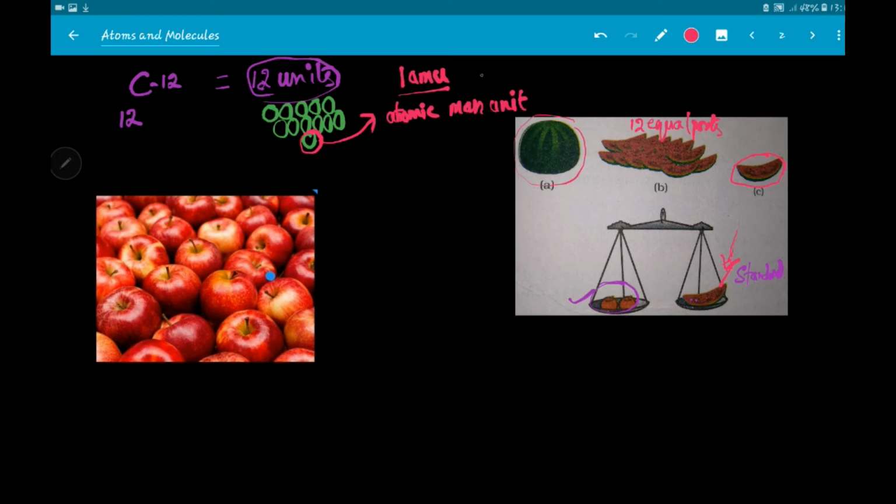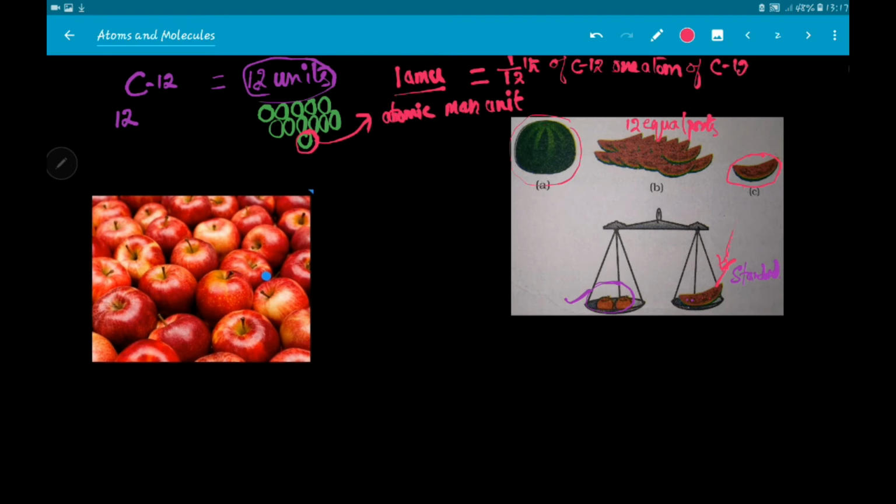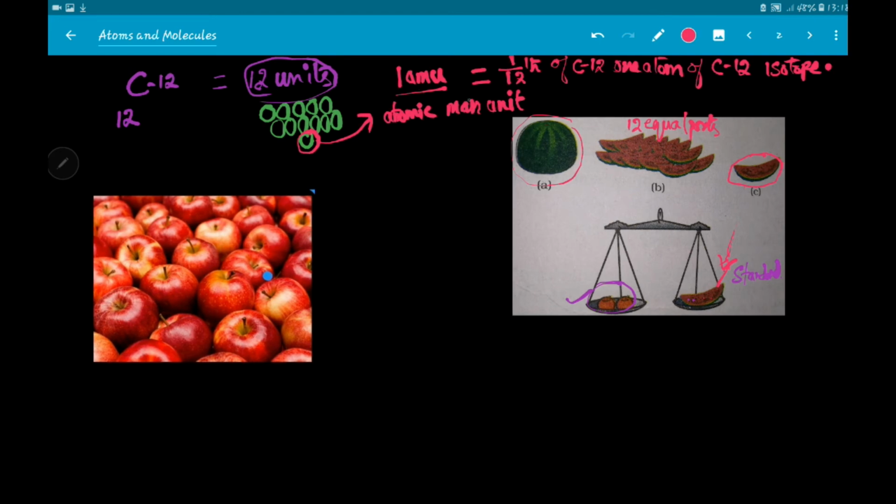This is equal to 1 by 12th, it is a fraction. We are taking just 1 out of 12 pieces. 1 AMU is 1 atomic mass unit, and its mass is exactly equal to 1/12 of the mass of 1 atom of the carbon-12 isotope.